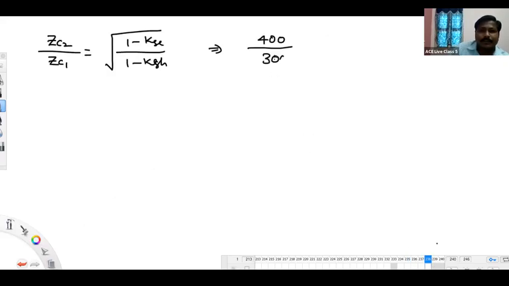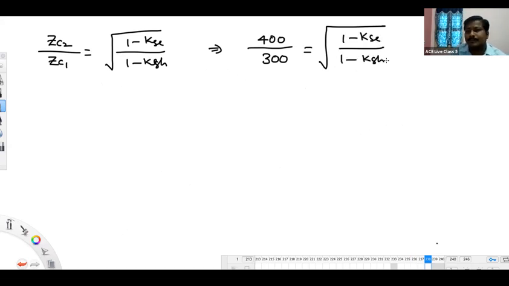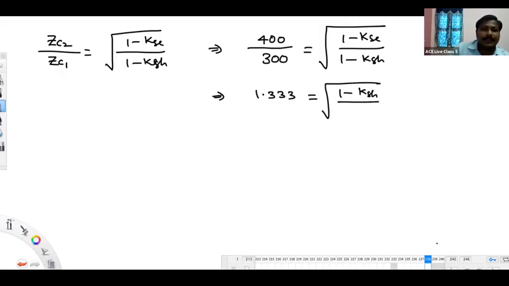So this is 4 by 3, which is 1.333, equal to the root of 1 minus KSC by 1 minus KSH.